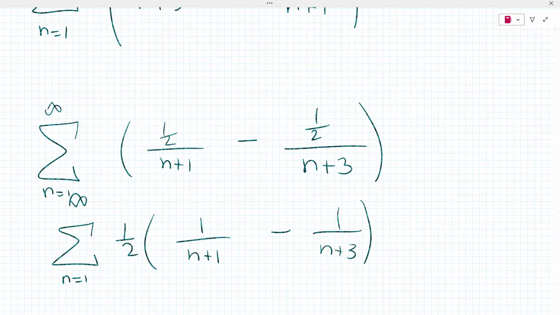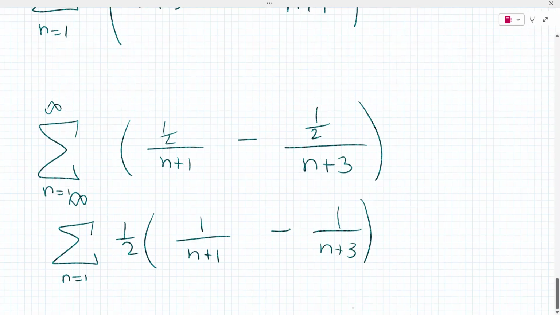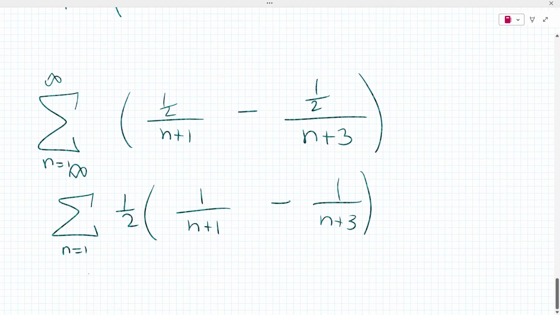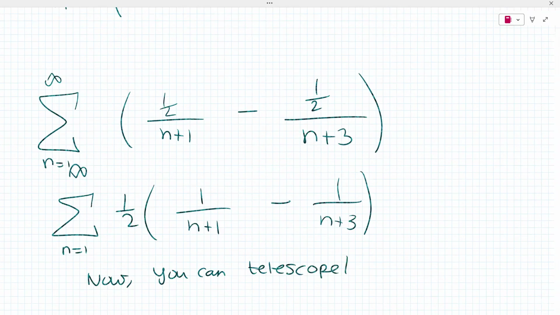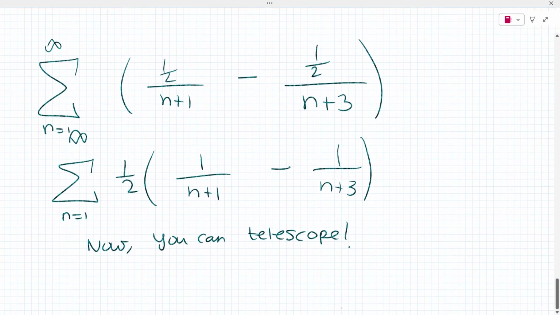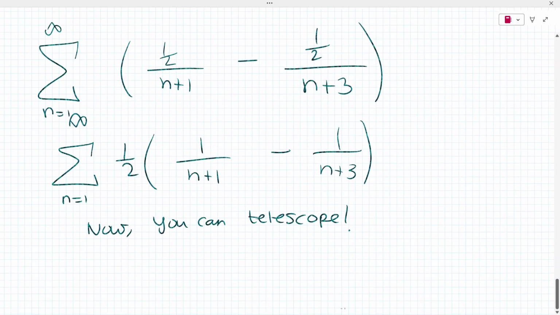Now you can telescope, because we have it in a partial fraction. So just remember the first example: to telescope, you plug in some values and somehow they'll converge.